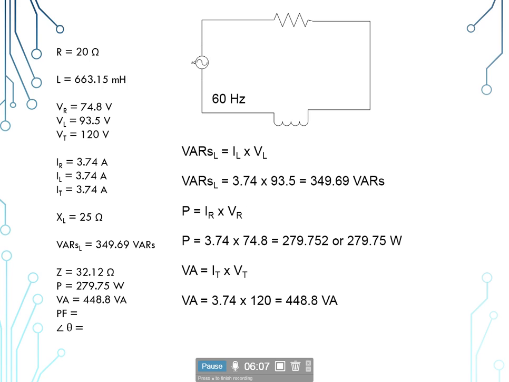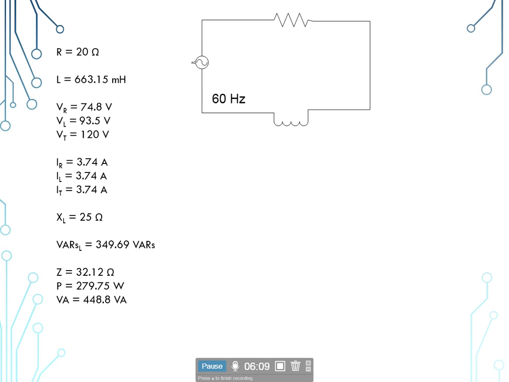And now all we have left to do is our power factor and our angle theta. The angle theta again is our phase angle, the phase shift that our voltage is out of phase with the current. And so our power factor is a ratio of the true power to the apparent power. So our power factor is equal to power divided by the apparent power.